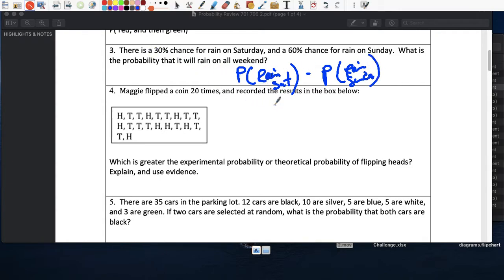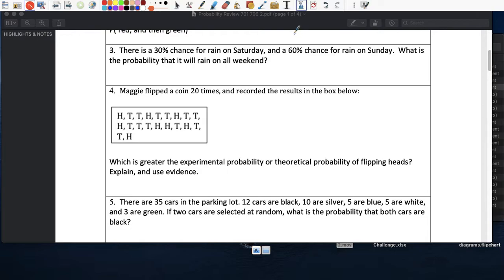So remember, we change the percent to a decimal, 0.3. Probability of rain for Sunday is 0.6. If we multiply that, you get 0.18. You change that to a percentage, maybe, depending on the question. You have an 18% chance that it's going to rain all weekend, which is not that bad.